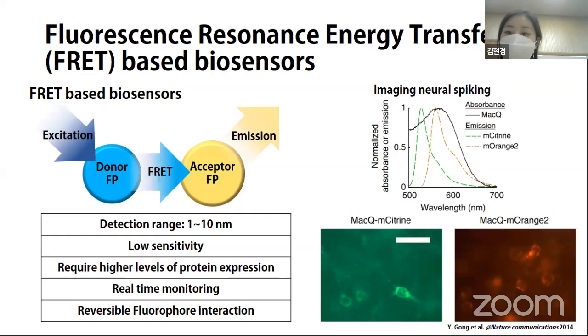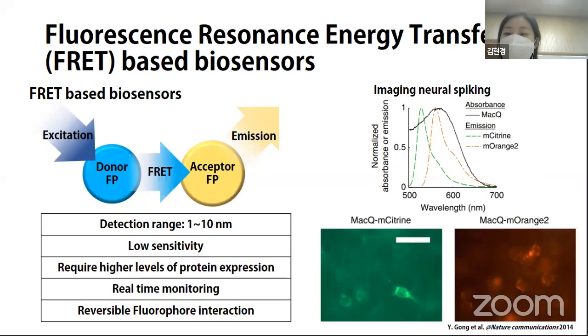These FRET-based biosensors have pros and cons. Since two interacting proteins should be brought in close proximity, the maximum distance FRET biosensors can detect is limited. FRET biosensors are low in sensitivity because of small interacting proteins. Also, they require higher levels of protein expression for energy transfer.